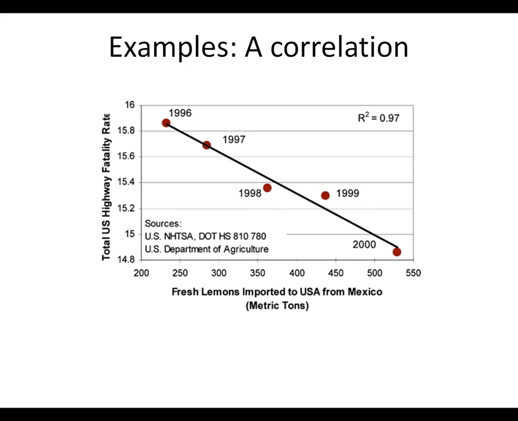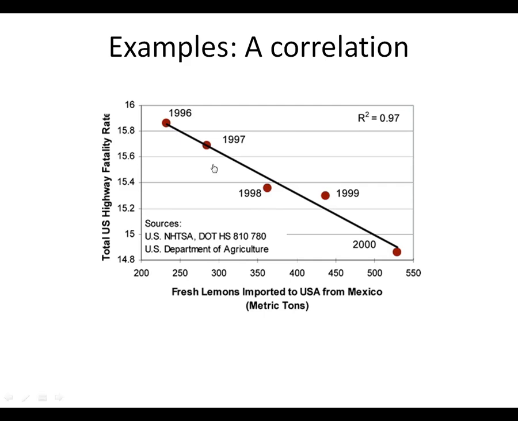So for 1996, there was so many lemons imported, and there was a certain U.S. highway fatality rate. Well, lo and behold, if you put those points on a graph, you will see that the more fresh lemons were imported into the United States, the lower the fatality rate. Those two things are associated with the same year.